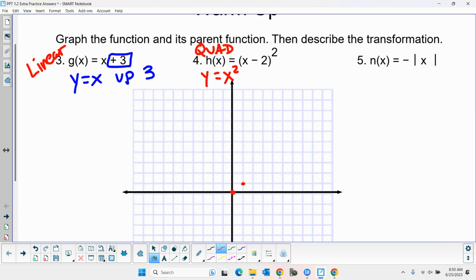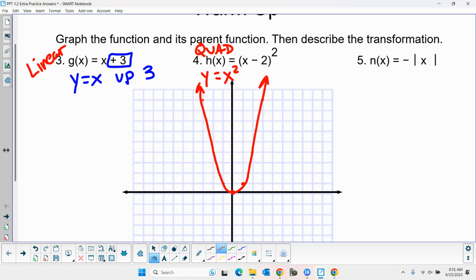That's the basic parent rule for quadratic. So 1 squared is 1, 2 squared is 4, 3 squared is 9. Negative 1 squared is positive 1. Negative 2 squared is positive 4. Negative 3 squared is positive 9. So there's our parent function for the quadratic. Okay?